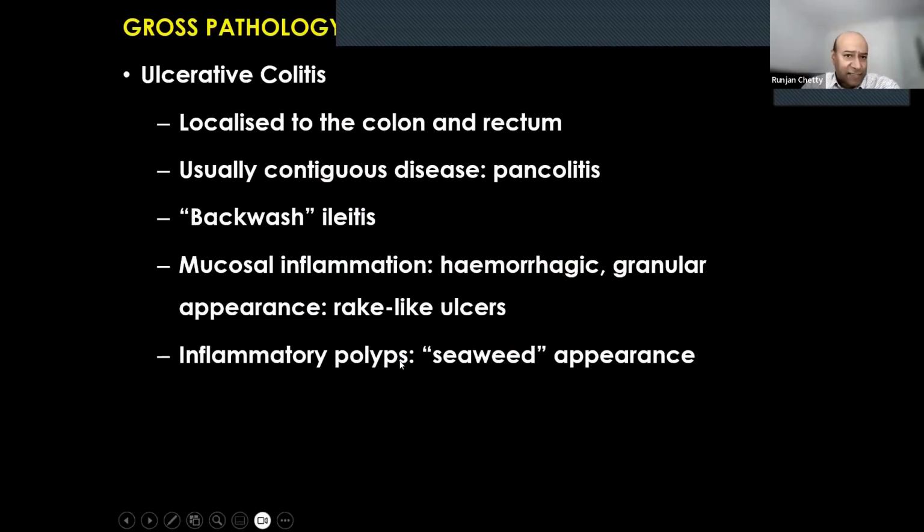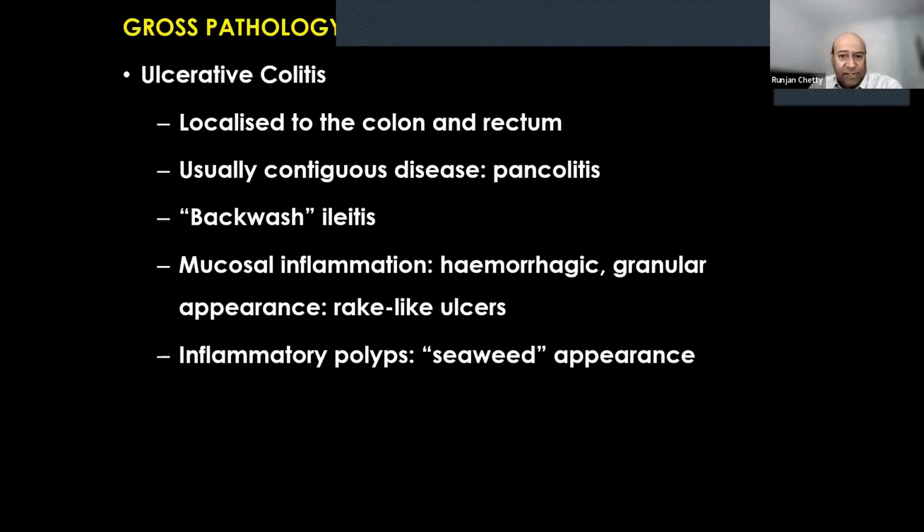Ulcerative colitis tends to be localized to the colon and rectum, so it's a large bowel disease. The lesions tend to flow into each other, and hence they're contiguous, so it causes a pancolitis. The exception is the so-called backwash ileitis, where the ileum is involved when the cecum and ascending colon are involved by ulcerative colitis.